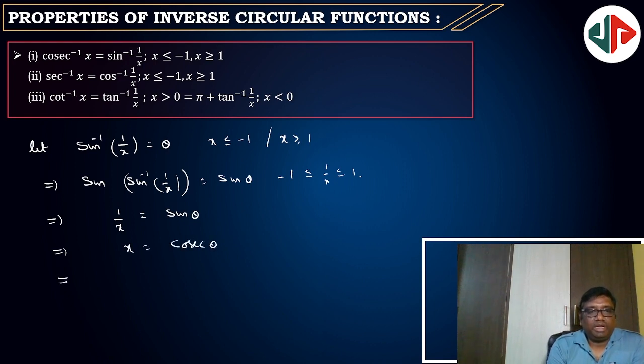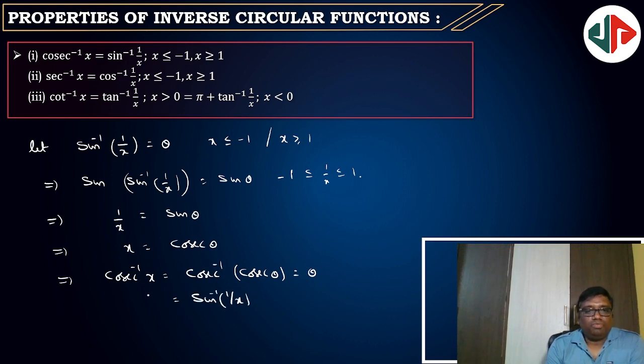If you apply cosecant inverse on both sides, cosecant inverse of x is equal to cosecant inverse of cosecant theta, which is nothing but theta. Theta means sine inverse of 1 by x. So it is defined when x value is less than or equal to minus 1 or x is greater than or equal to 1.